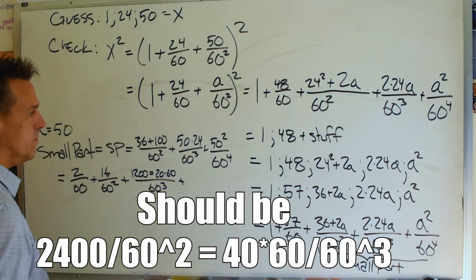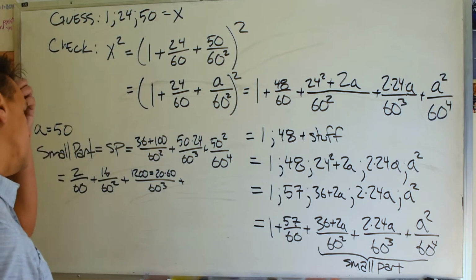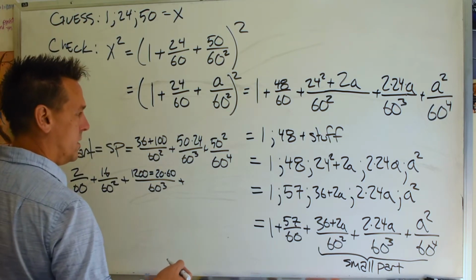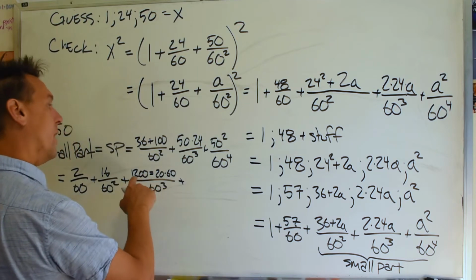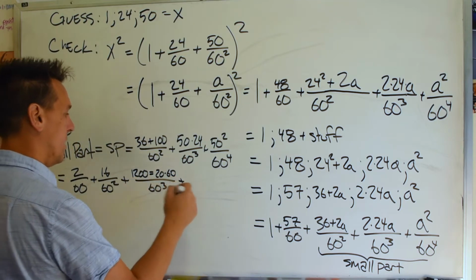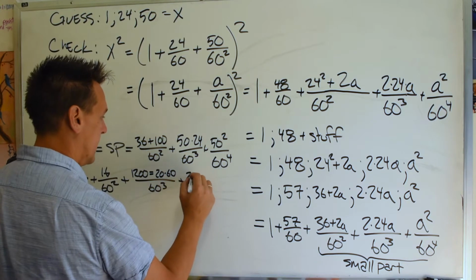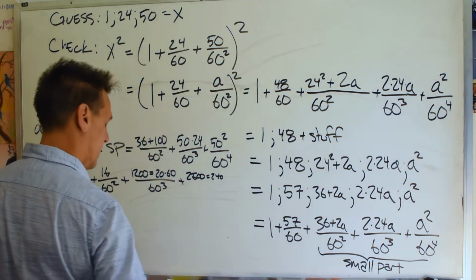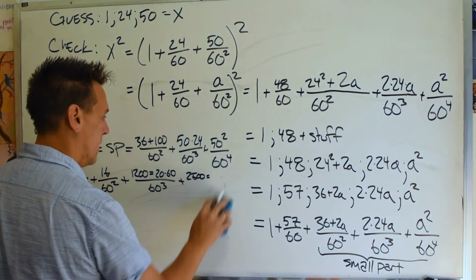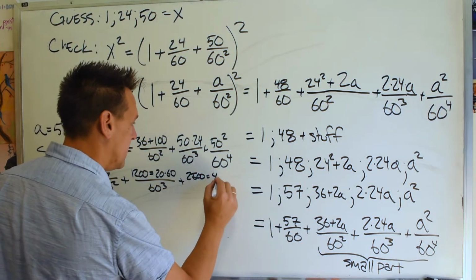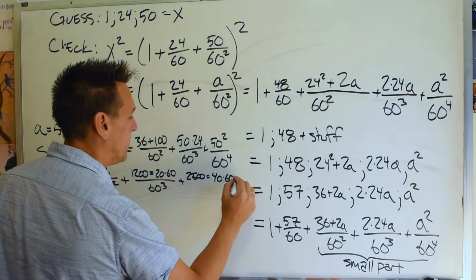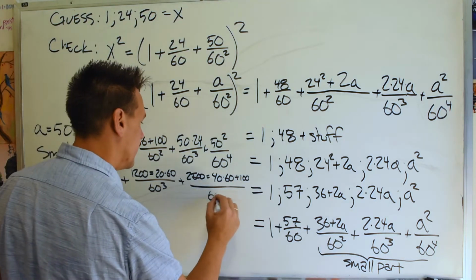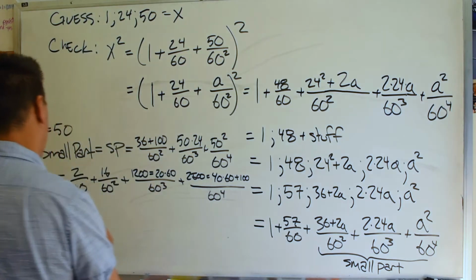And then let's see, 50 squared, that's going to be 2500, which is close to the 2400 I just figured out. Let me write it this way, which is 40 times 60 plus 100, all over 60 to the 4th.